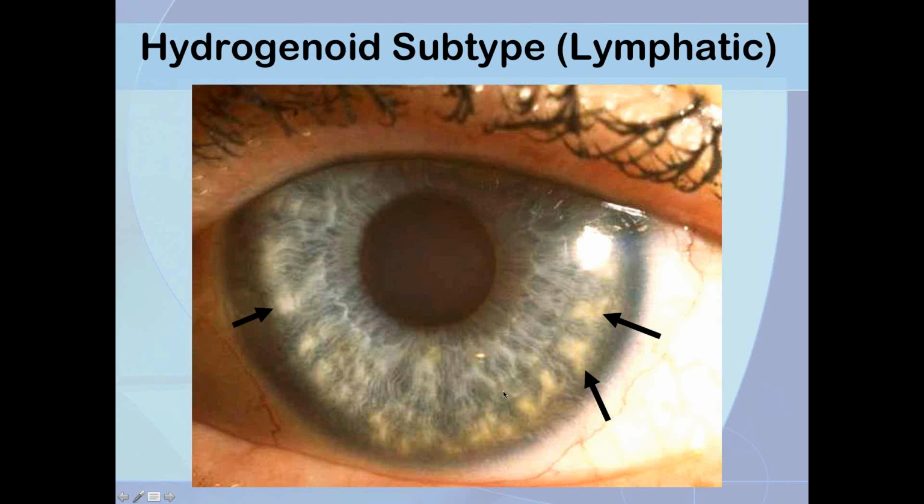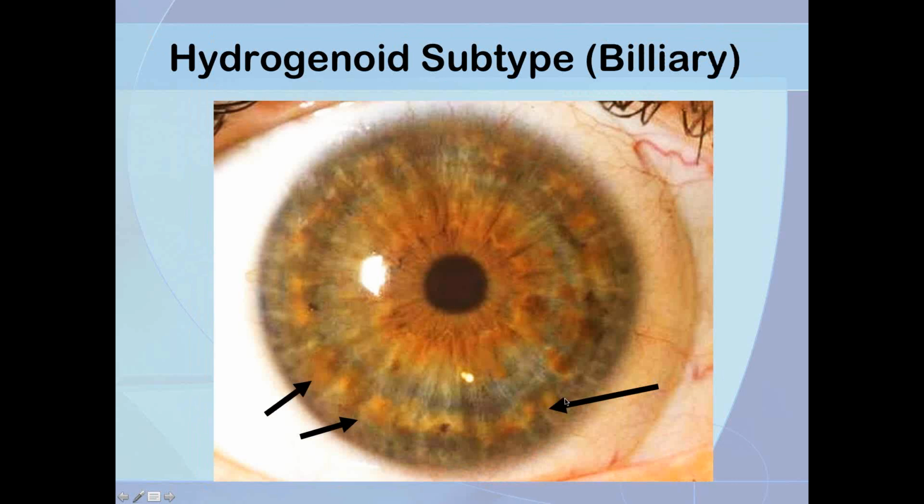And this is the hydrogenoid subtype, which can appear in the lymphatic constitution and also in the biliary constitution. So here you see it in a biliary constitution eye, where the little cloudy things are discolored, and all the way around the outside ring you see these cloud-like formations. That is the hydrogenoid subtype.